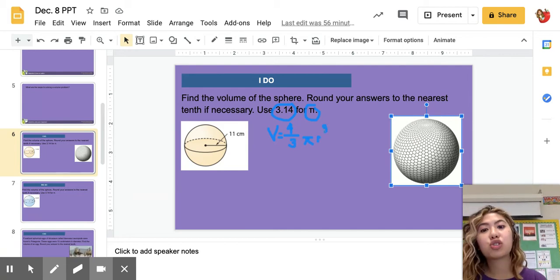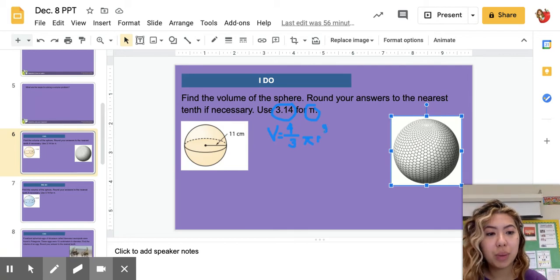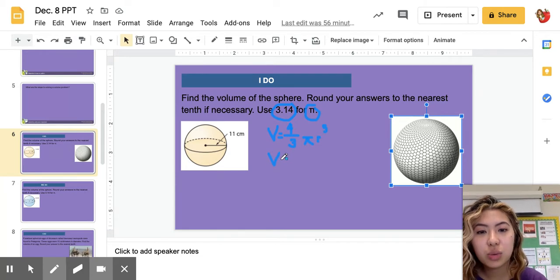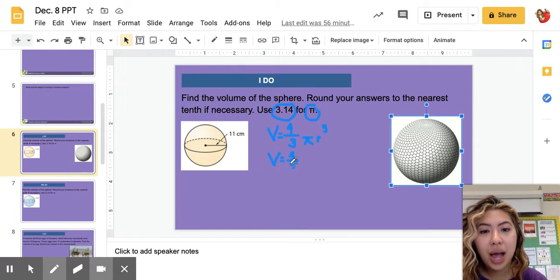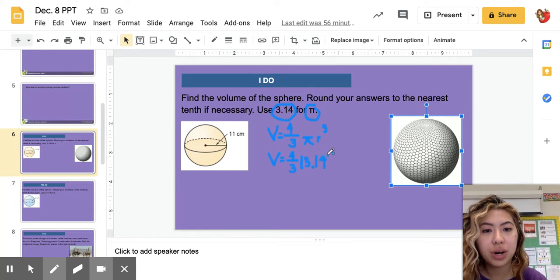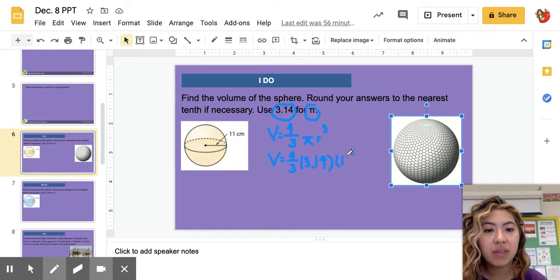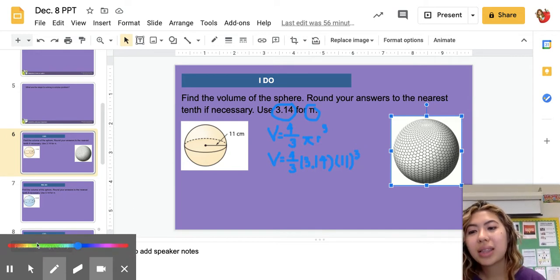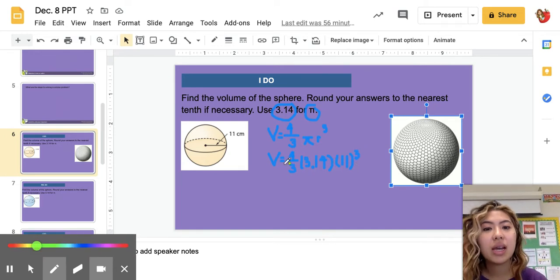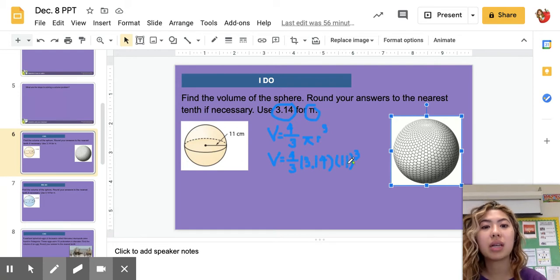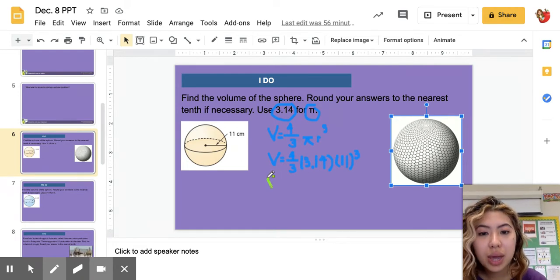My next step is to plug in the appropriate numbers. So we have V is equal to 4/3. And for pi, we're going to substitute, replace pi with the number 3.14. And in this case, we have our radius, which is 11. So then we're going to write 11 cubed, or 11 to the power of 3. My last step is to calculate 4/3 times 3.14 times 11 times 11 times 11 to get my volume.